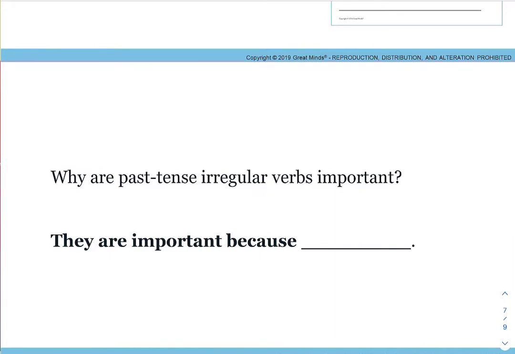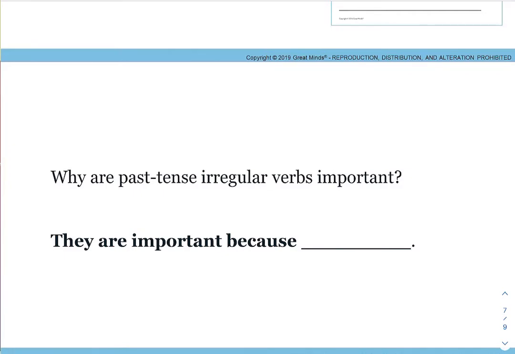Why are past tense irregular verbs important? Or why is it important to know past tense irregular verbs? They're important because we can explain action that happened in the past when we write or speak.